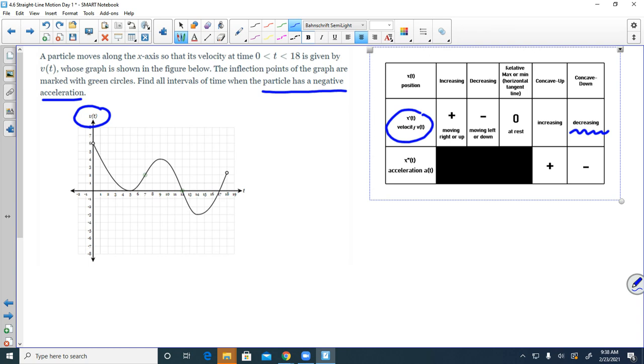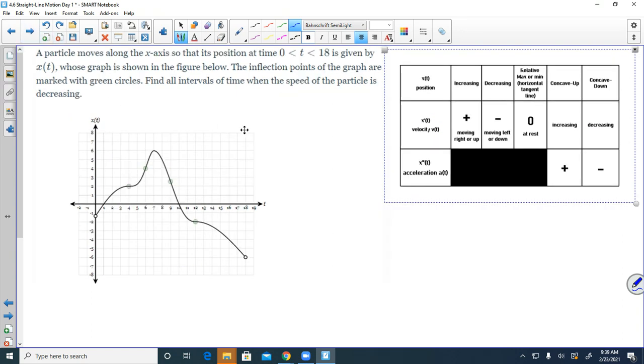So decreasing here, and then decreasing once more here. So it looks like I would say from 0 seconds to 5 seconds, and then from 9 seconds until 14 seconds. So look for where that graph would be decreasing.